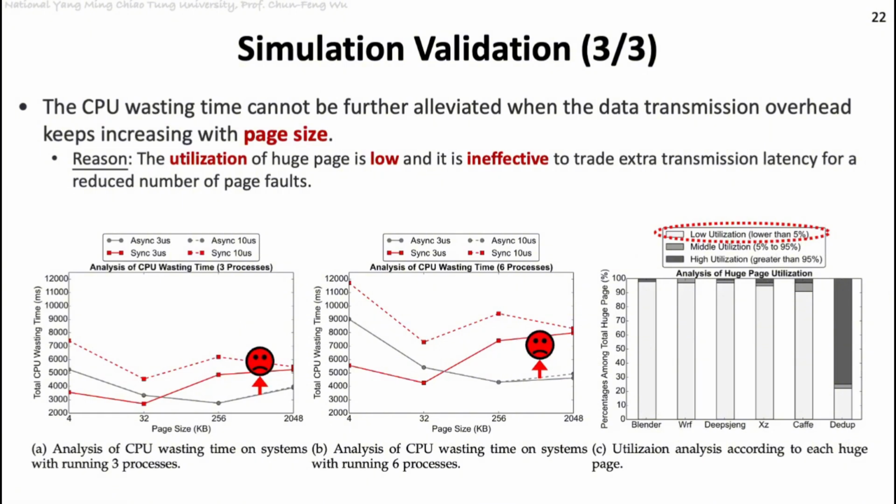So dedup gets a super high utilization if we use the huge page. But for the rest of them, the utilization is low. This low utilization increases the CPU wasting time, because low utilization means you usually get a miss when you move these 2 megabytes of data together.